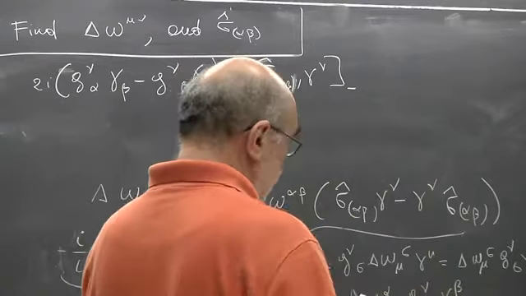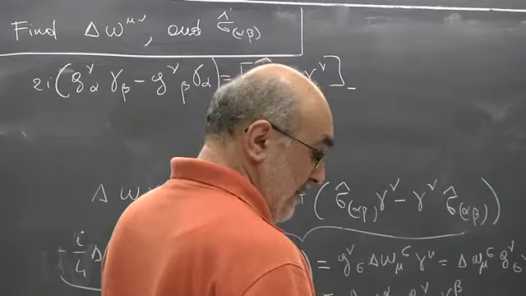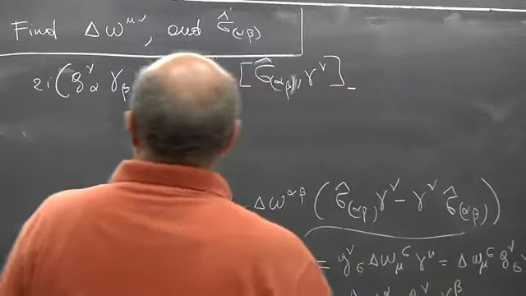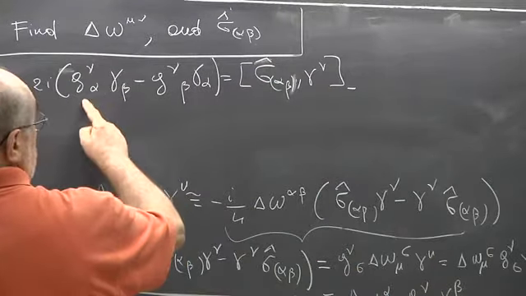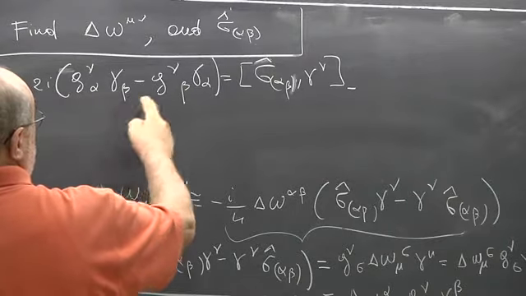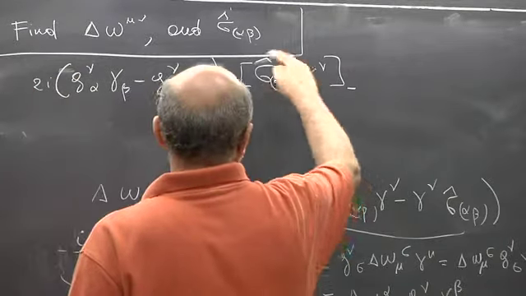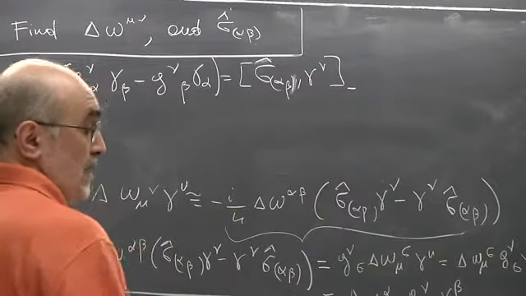So this is the relation that I have, and on the left hand side everything is known. These are the metric, this is the gamma. What is unknown is this. So I should solve this equation.